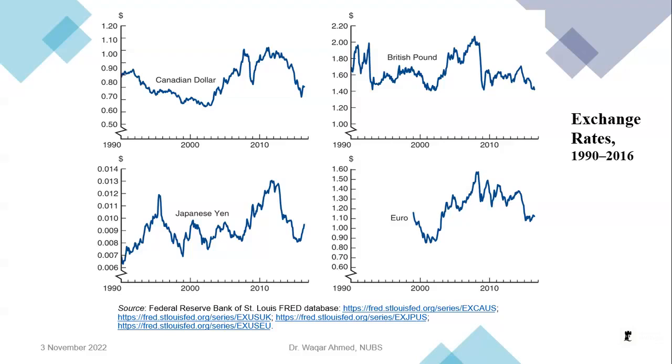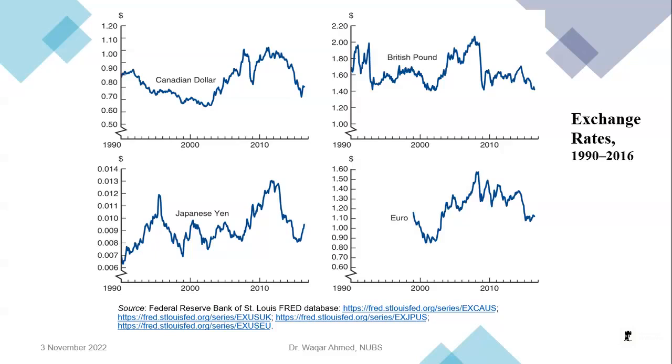Okay. So you can see all of these are volatile because all of these are quoted relative to US dollars, right? So all of these show a lot of fluctuation over time, but some are more volatile compared to others.